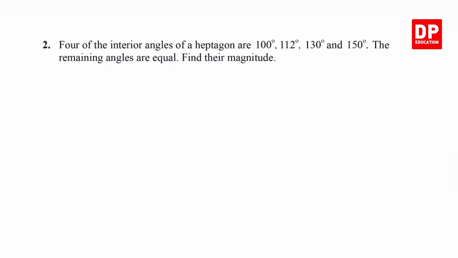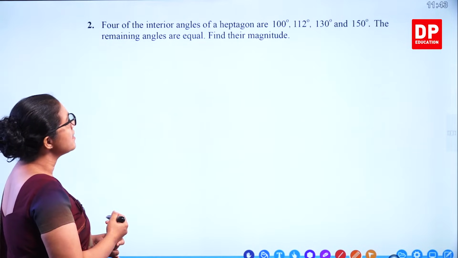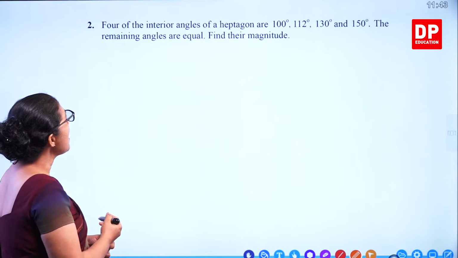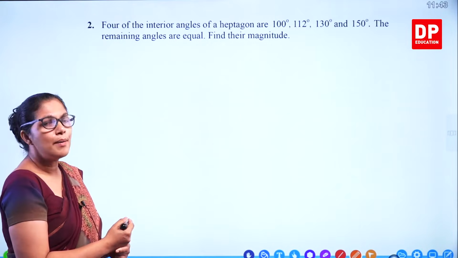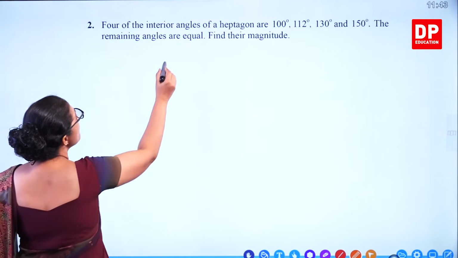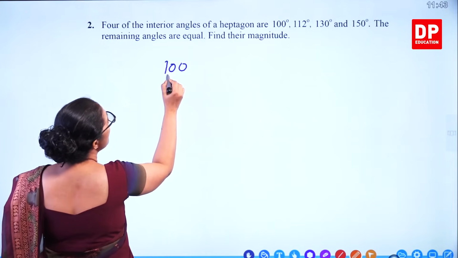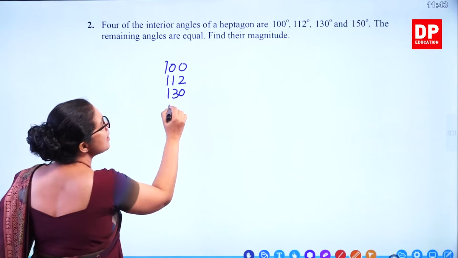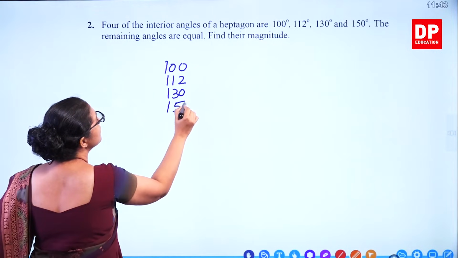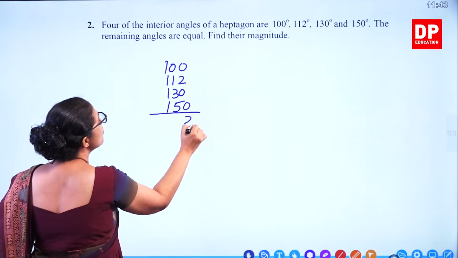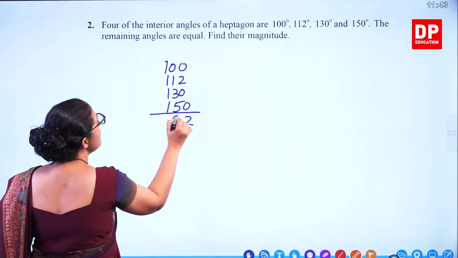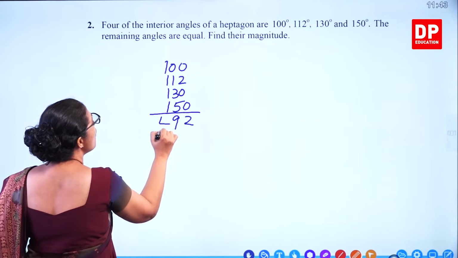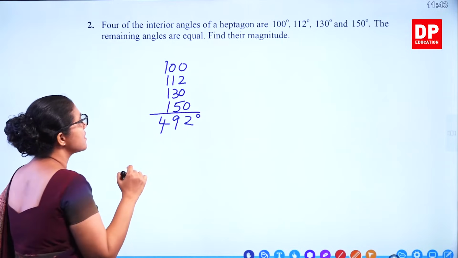Four of the interior angles of a heptagon are 100, 112, 130 and 150. The remaining angles are equal. Find their magnitude. So we'll add 100 plus 112 plus 130 plus 150. 492 degrees.